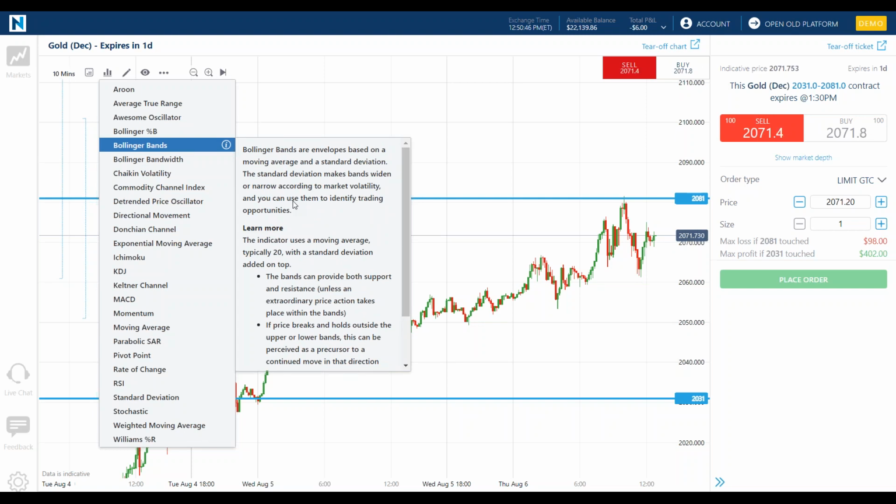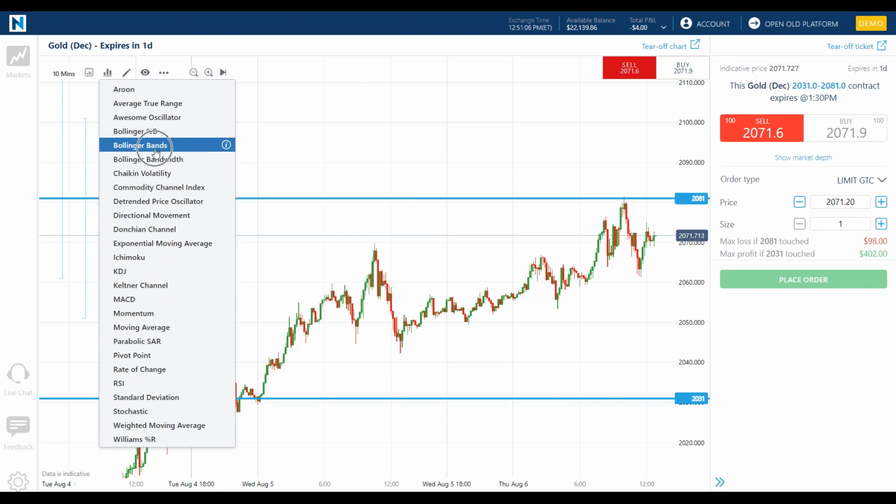So if I weren't familiar with Bollinger Bands, I would see that this uses moving averages, and the standard starts at 20, and it adds a standard deviation, and it tries to pick levels where you would potentially see support and resistance around the current price.